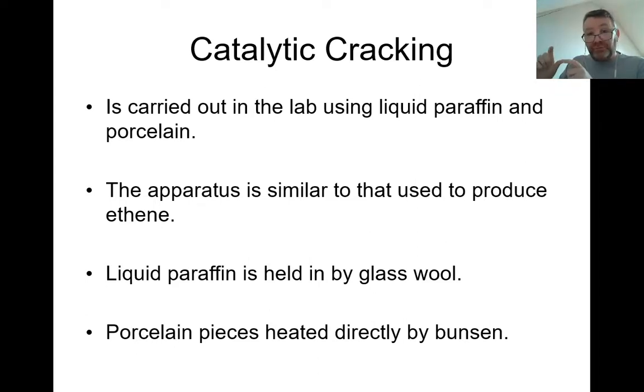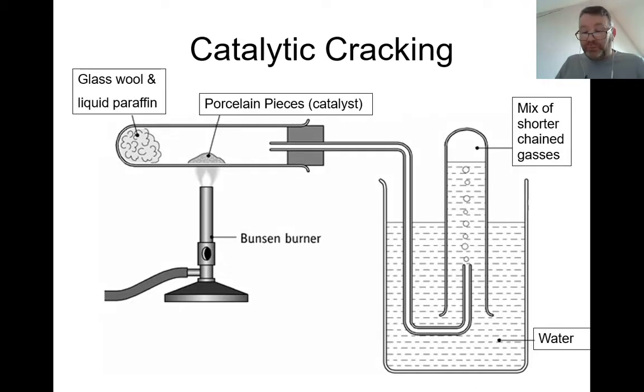Both of those, if you mix them with the results of cracking, will lose their colours. What does that tell you? The results of cracking contain unsaturated hydrocarbons. They contain alkenes or alkynes. All right, now we know it's an alkene. So we need to test it just to make sure that there are new alkenes present. Use yellow bromine water or purple acidified potassium permanganate, shake it with the resultant gases, and the colours should disappear. So that's what we're going to do when we go back in September.